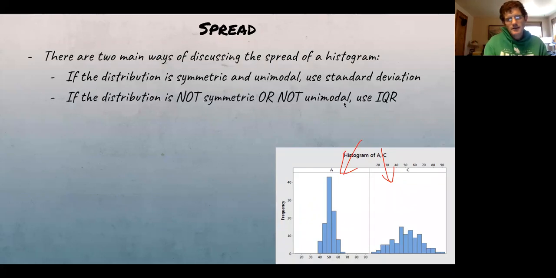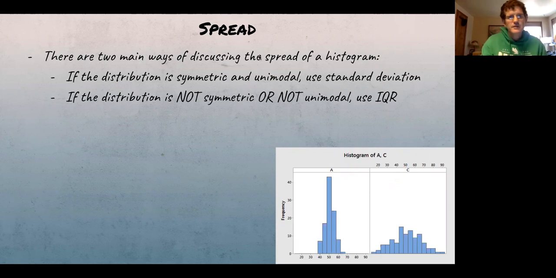Technically, if it's uniform also, that works, but really symmetric and unimodal. Symmetric, of course, meaning that it's not skewed left or right, and unimodal, it only has one mode.